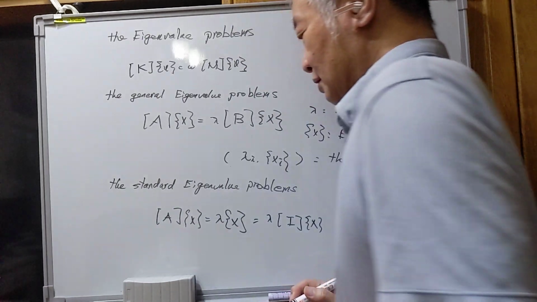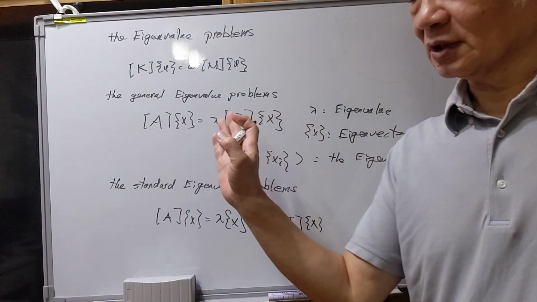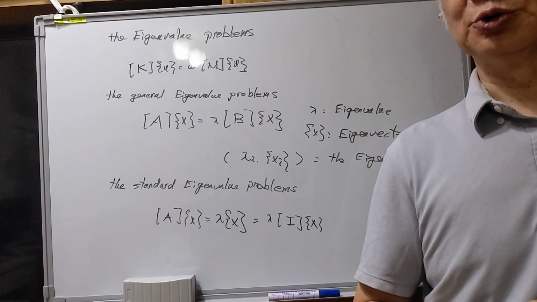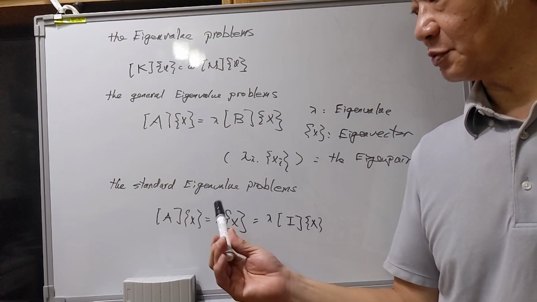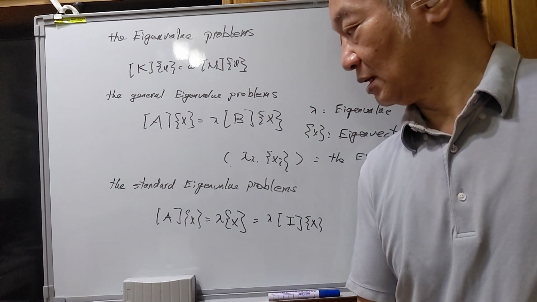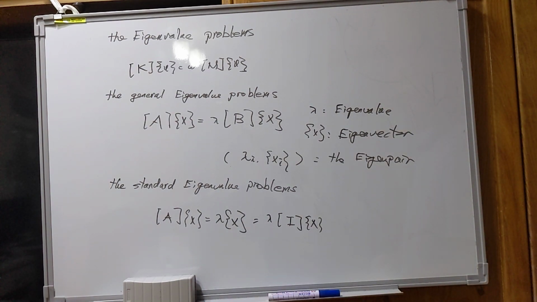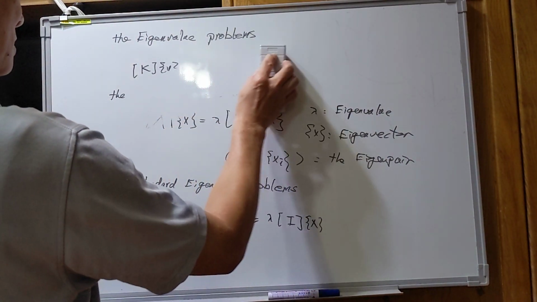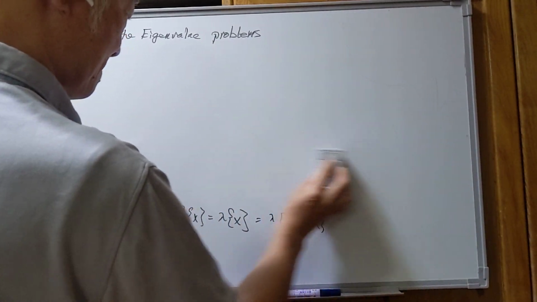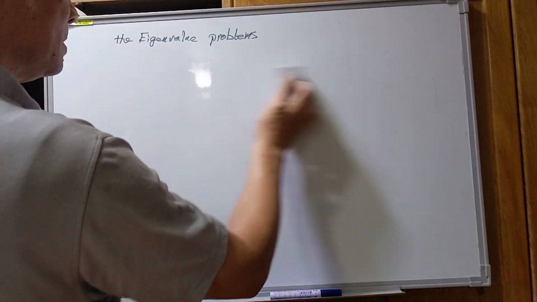So if the right-hand side matrix, the B matrix, is the unit matrix, then these problems are called the standard eigenvalue problems.